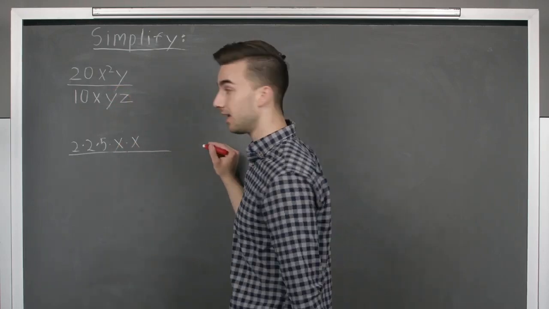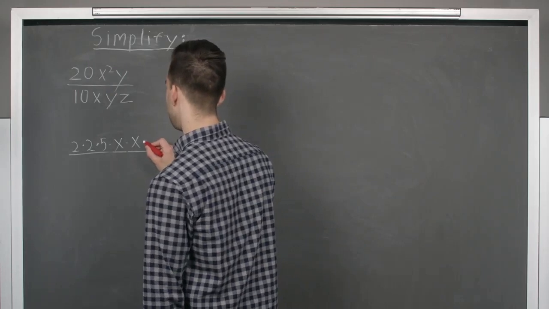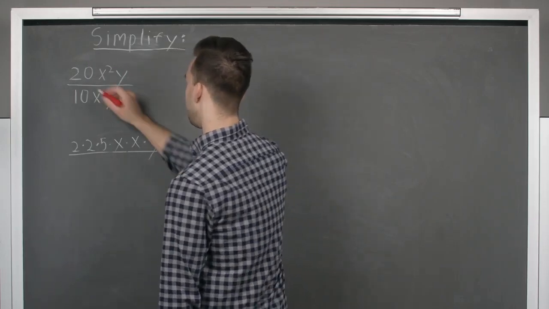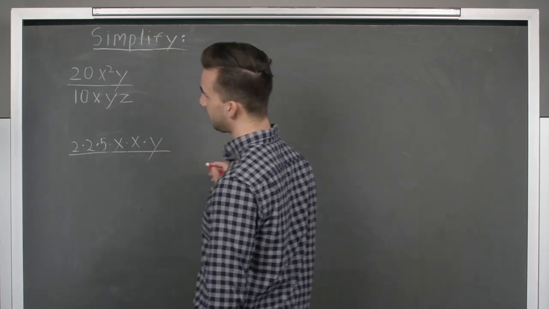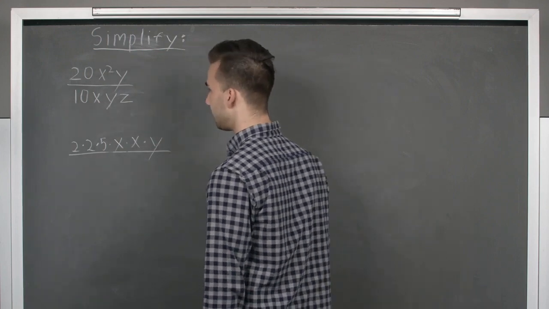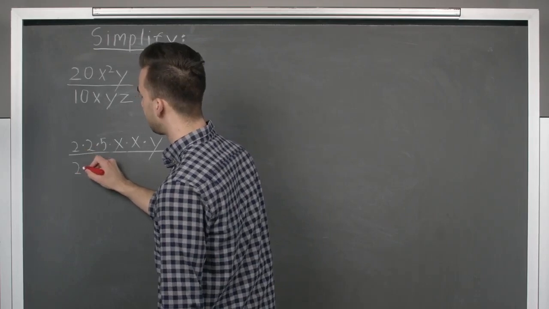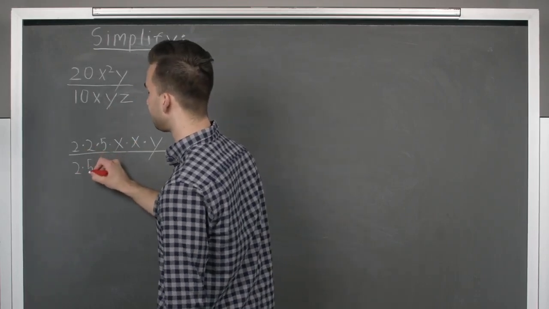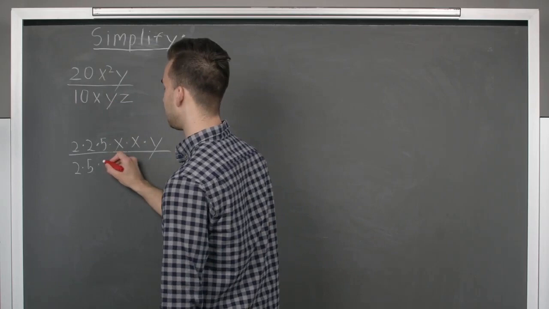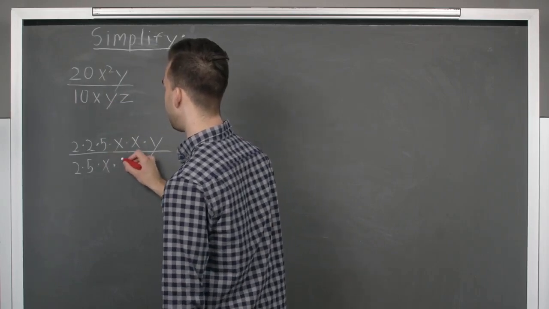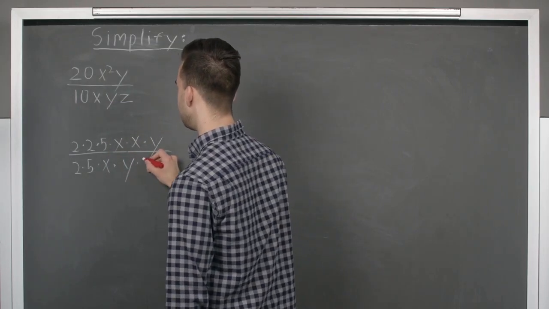And you'll see why in a minute here. So x times y, and that gives us our numerator. Now let's do the denominator. So 10 divided by 2 is 5 times 5, and then times x times y times z.